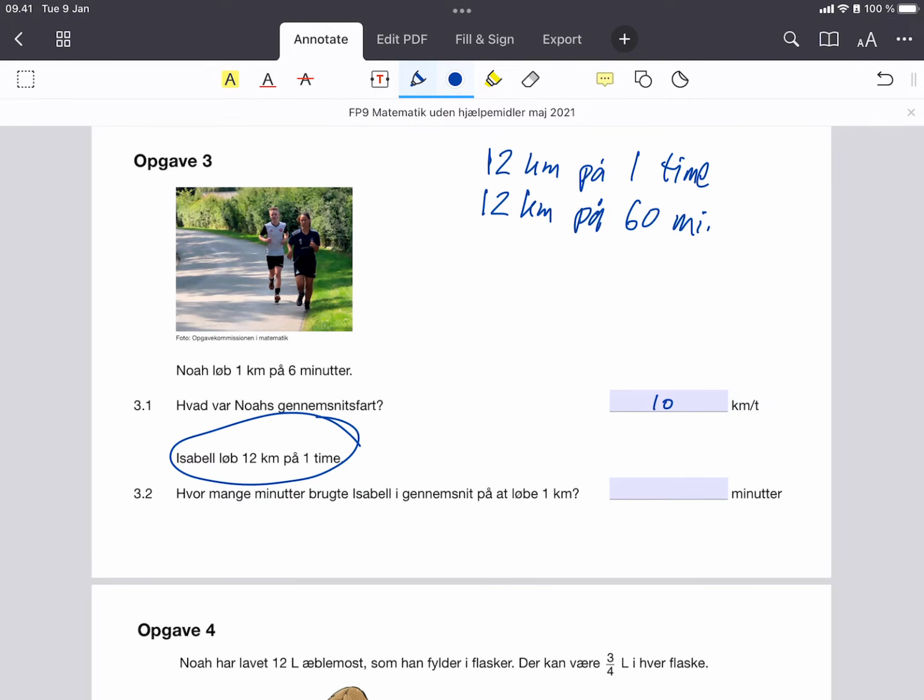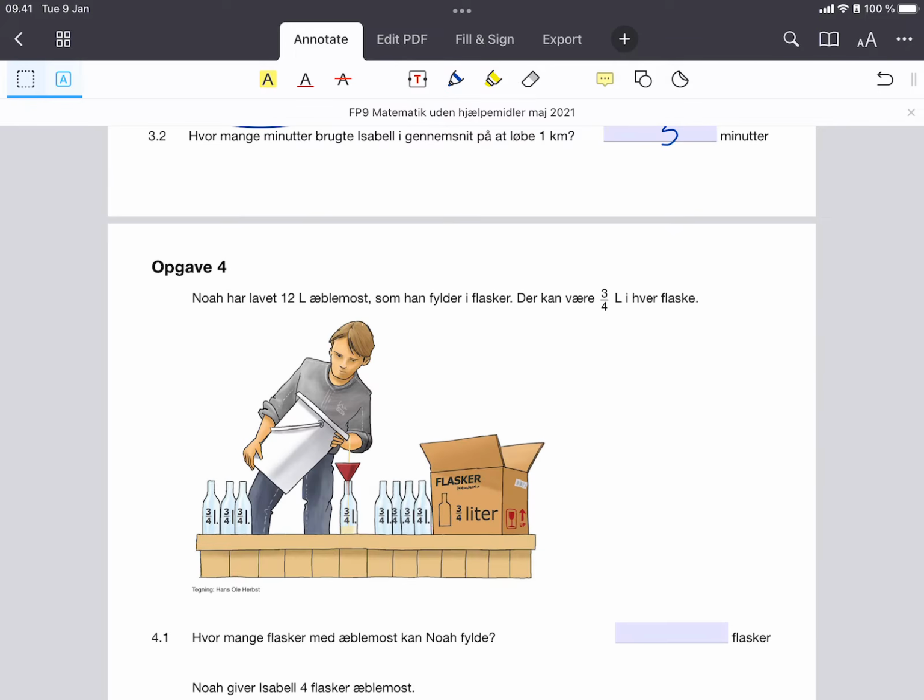An hour is 60 minutes. So 1 kilometer would take 1/12 as long. So you've got to do 60 divided by 12, which is 5. 1 kilometer would take 5 minutes. Let's fill in 5 minutes.